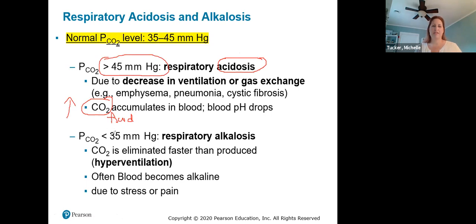If CO2 drops below normal levels, then the pH increases to over 7.45, and that condition is respiratory alkalosis. A cause for respiratory alkalosis is usually hyperventilation. CO2 is eliminated faster than it's produced. The blood becomes alkaline, so over 7.45. Oftentimes this is due to stress or pain. People get pain and they start to hyperventilate and they'll become alkalotic.